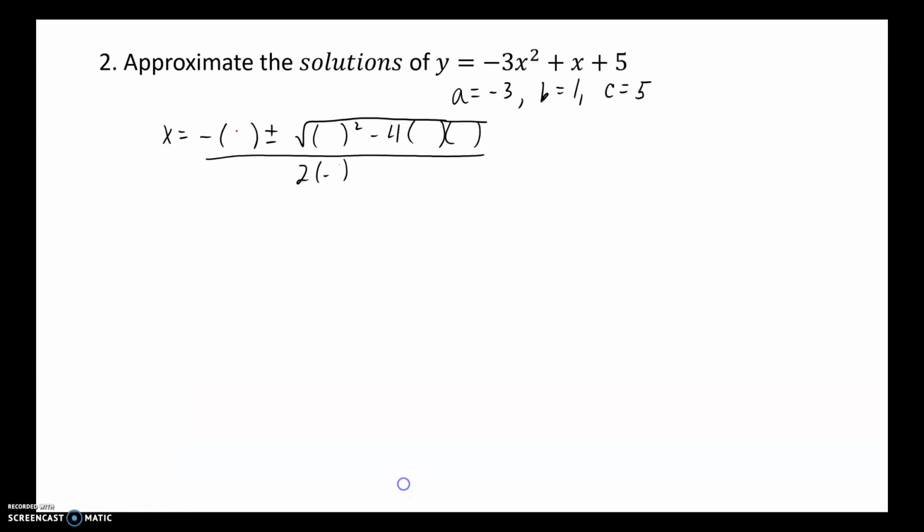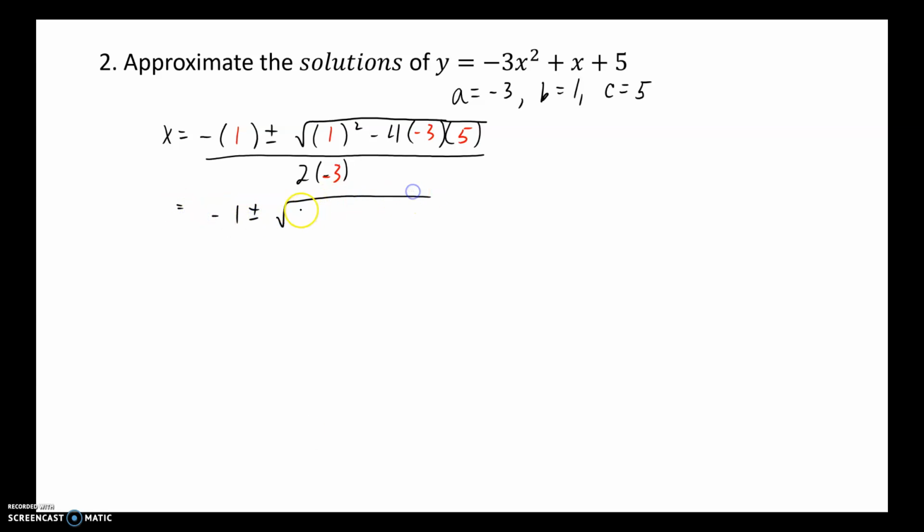Let's plug our values in. I would suggest that you write out the values of a, b, and c until you really are getting every single problem perfect. Okay, if you made any mistake on what you turned in the other day, then please take 10 seconds to write down the values of a, b, and c.